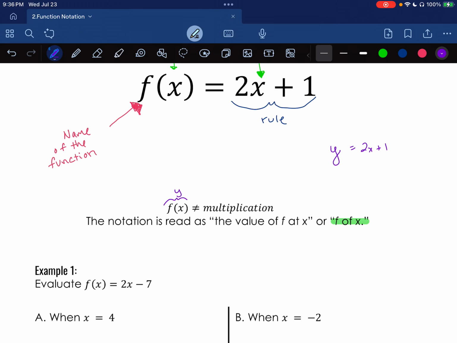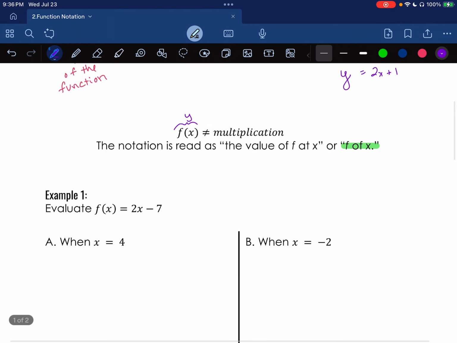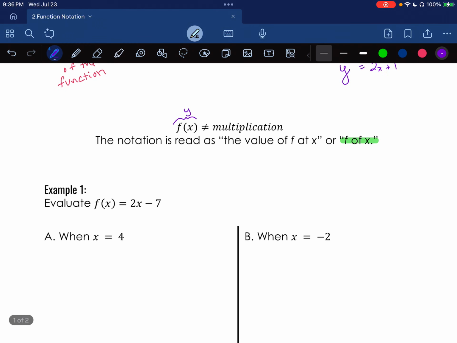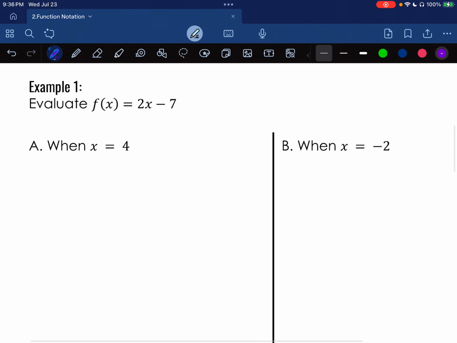And why that's so much nicer than just putting y, we'll be able to demonstrate in a second when we start evaluating expressions. In example 1, you'll be able to see that it not only tells me the function, it's telling me what I'm inputting at the same time, which is just fantastic.